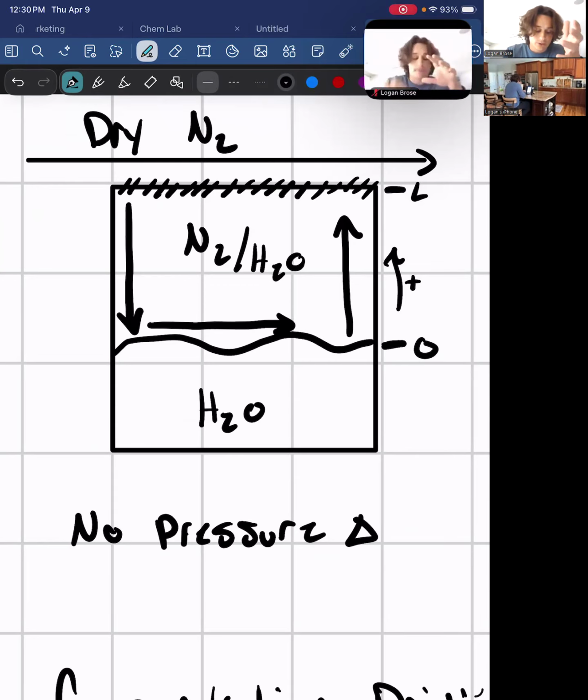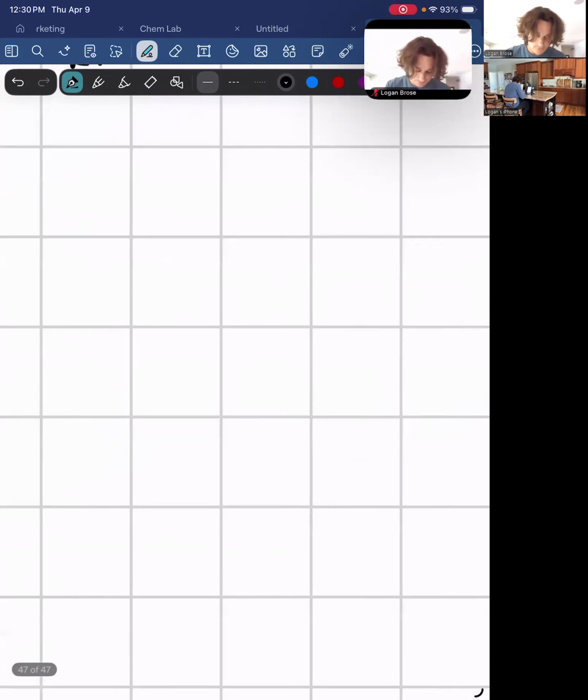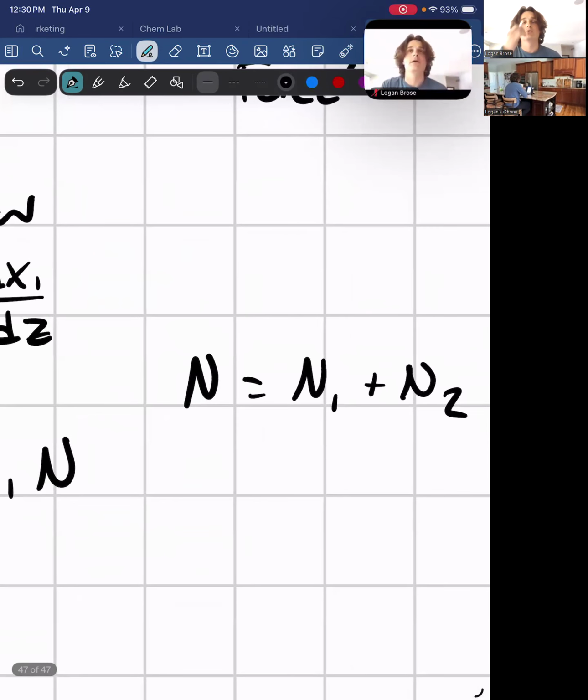But when we look at nitrogen, it's a little confusing. We're going to use the analogy of swimming in the ocean, and the waves are crashing into the shore, but we don't want to move. So you're going to stand there, not going anywhere, but you are exerting a force against the waves to keep you in that spot.